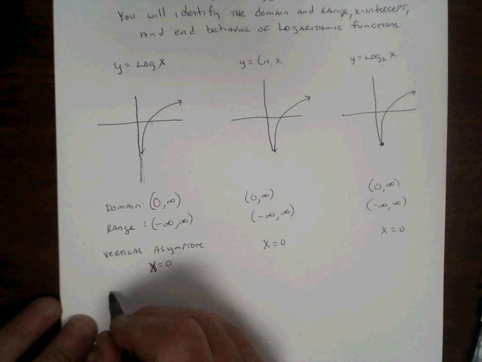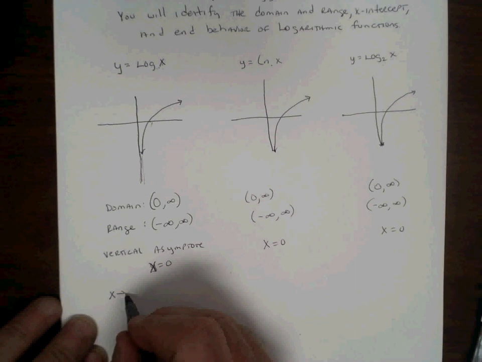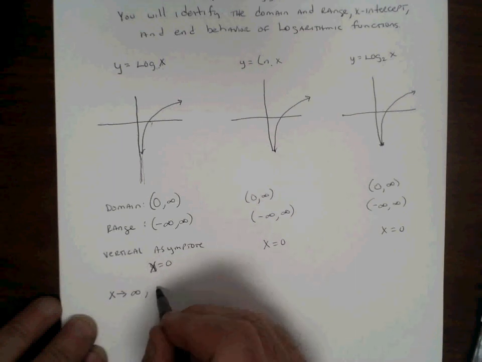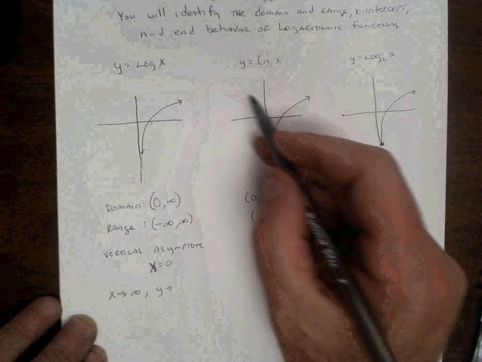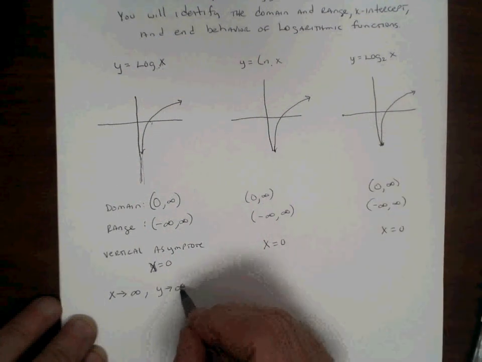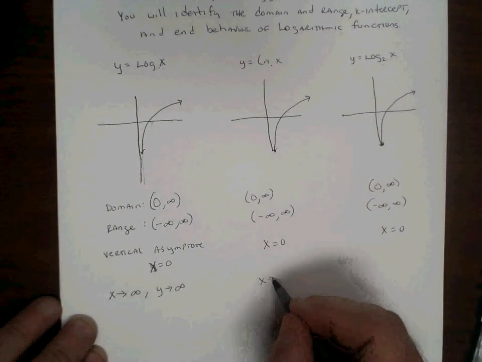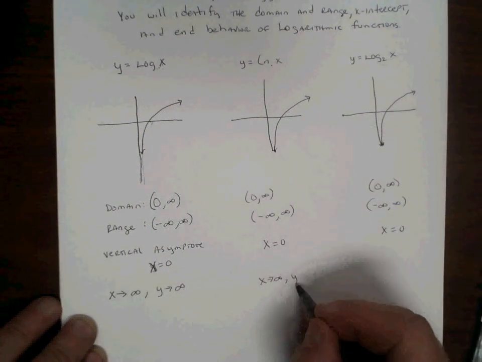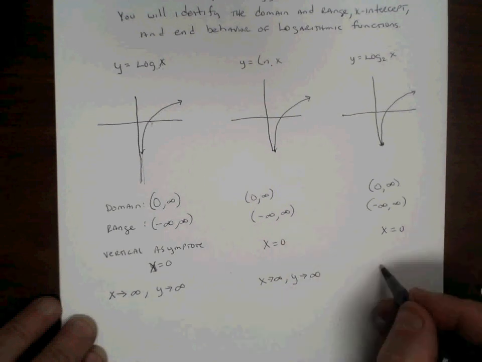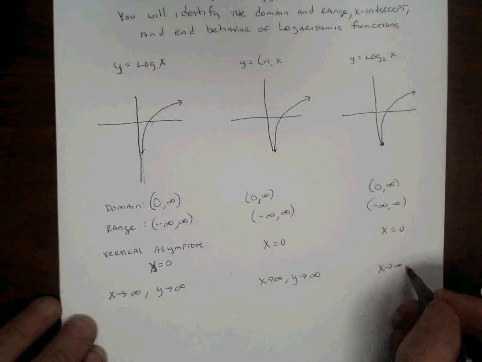The end behavior here, the right end of the graph is as x goes to infinity. And in all three, y is going to infinity as well. As x gets large in the positive direction, y gets large in the positive direction.